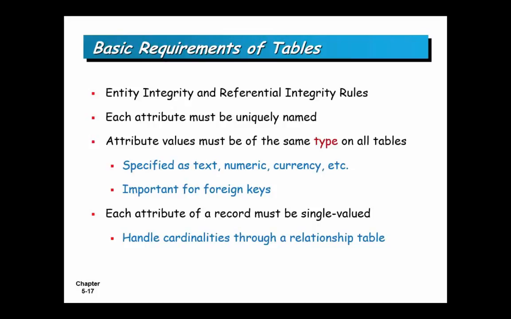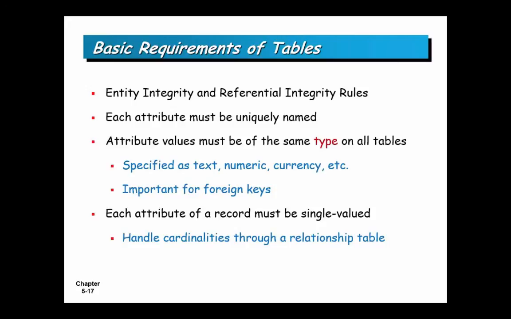Okay, here are really five critical requirements of any table you build. The first one is really two: entity integrity and referential integrity. Entity integrity means the primary key has to be unique and real.